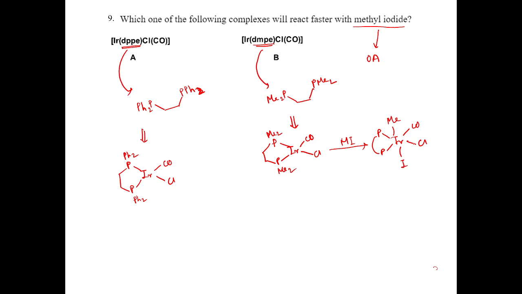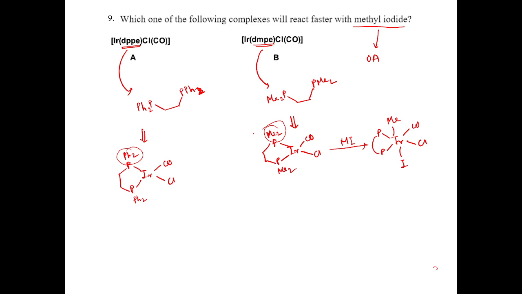Now the question is which of the complexes will react faster with methyl iodide, right? So the change is this phenyl ring and the methyl group.